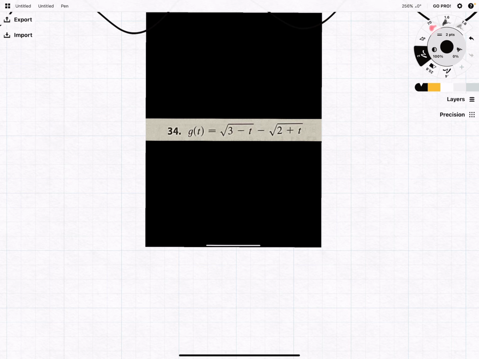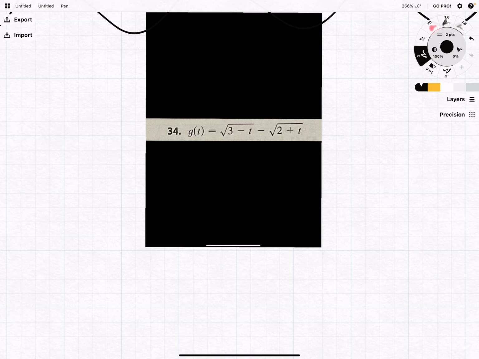Now with the domain, they're basically asking us what input can we have for this function in order to get an output. So that's pretty much what they mean by the domain.